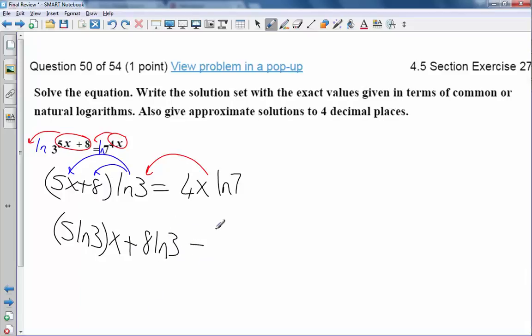And can I move these? Can I squeeze this ln 7 between these two? They're replaceable. It looks nicer this way: 4 ln 7 and then x. I'm moving these two, okay? And all together this is 0.